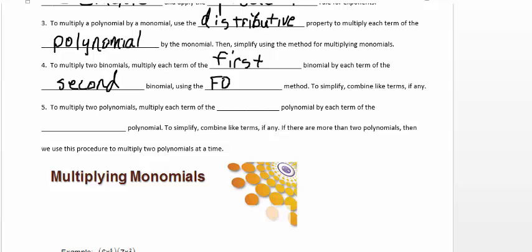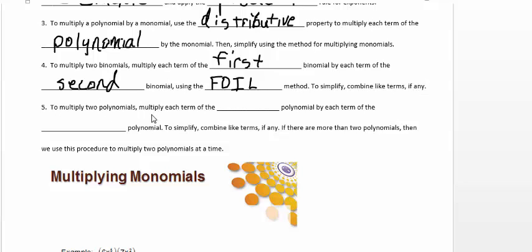So if you do this, multiplying each term of the first binomial by each term of the second binomial, you'll automatically be using the method called FOIL. And that's just an acronym to help you remember those four products. To simplify, combine like terms if there are any.